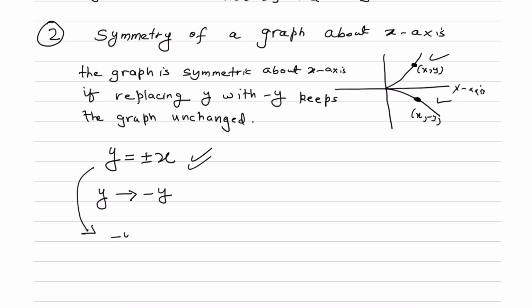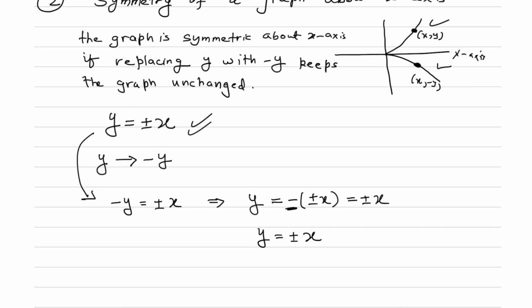This equation becomes minus y equals plus minus x. This gives us y, keeping y on one side and taking minus on the other side. So we got back the same plus minus x, because this minus multiplied with plus gives us minus, and this minus multiplied with minus gives us plus. So again we have plus minus x. So the graph did not change.